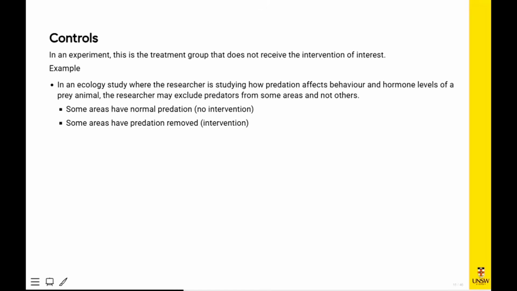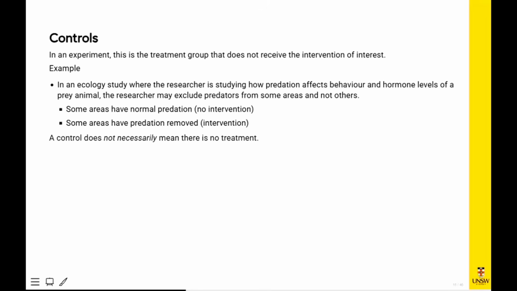In this situation, you have some areas with normal predation. There's no intervention there. You're not doing anything. You're just observing what's happening. But the other areas where you're removing the predators, that is some sort of intervention. So you have predation removed, and that's your intervention group.